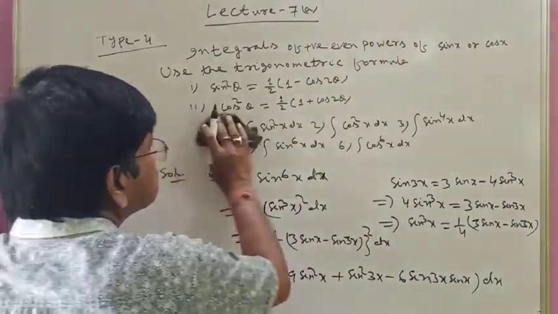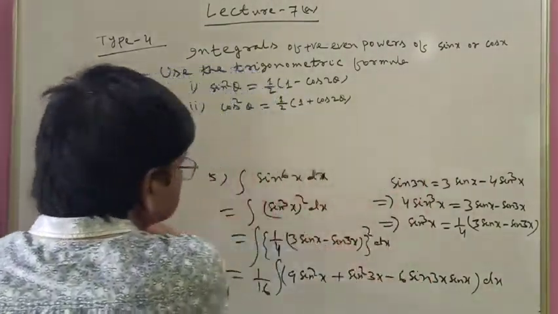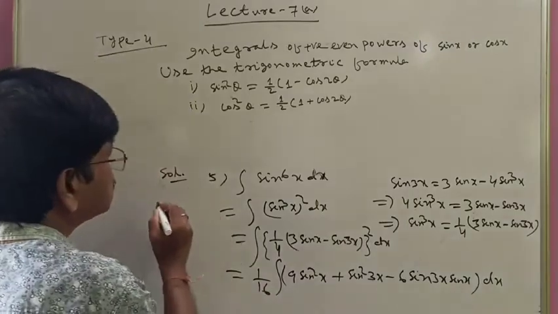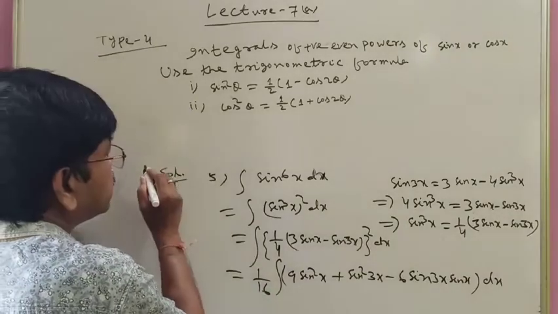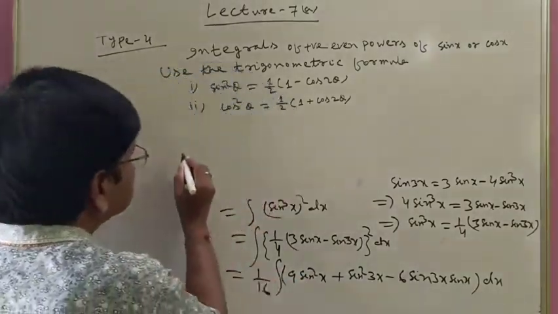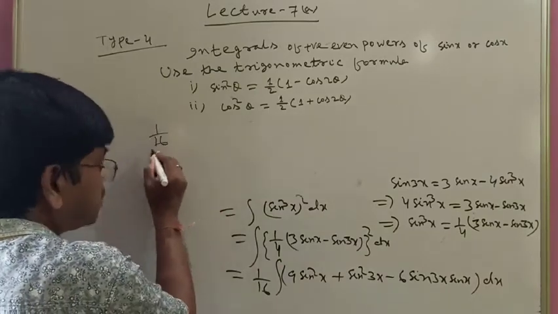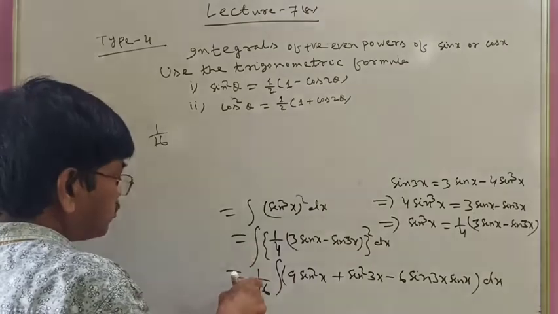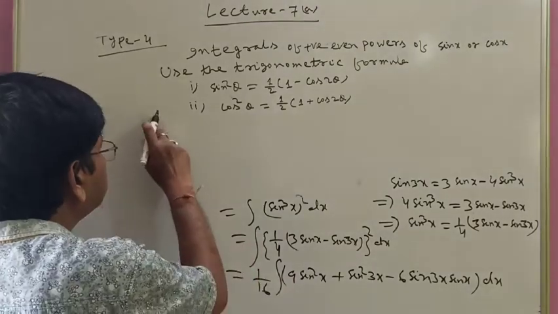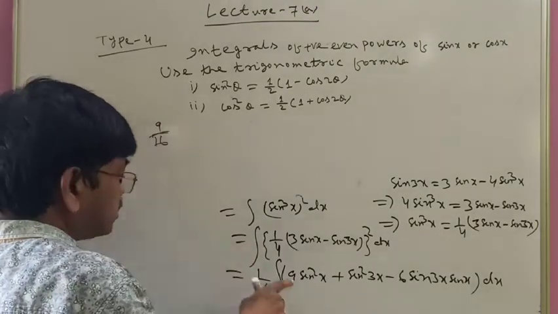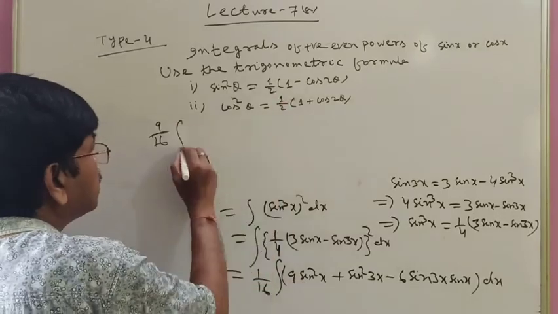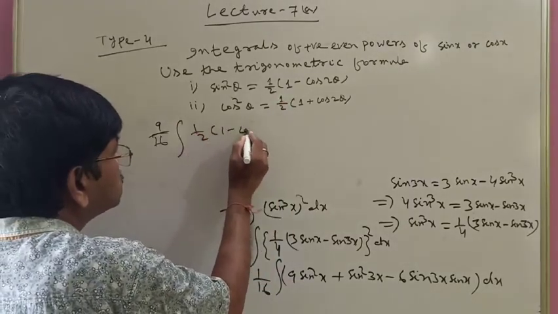So now this becomes 1 by 16 into 9 sin square x, it will be 9 by 16. Then for this sin square x, use this formula, half into 1 minus cos 2x.